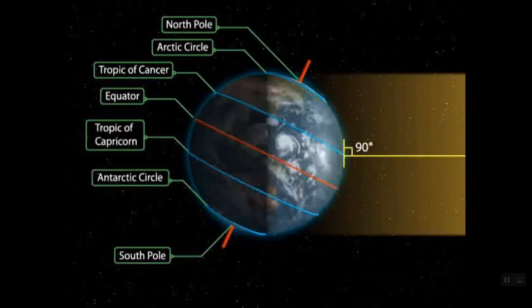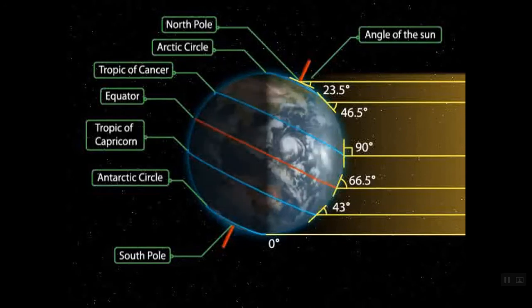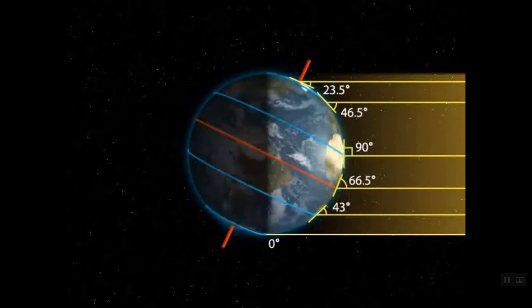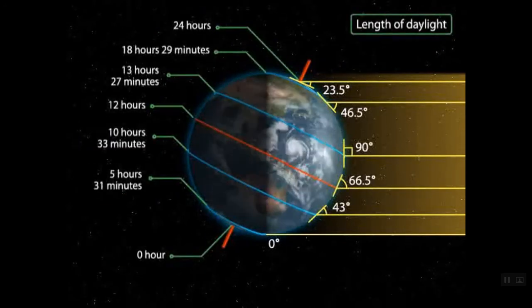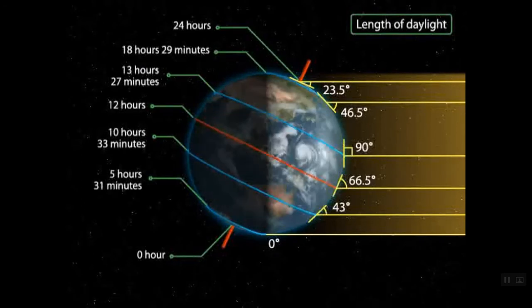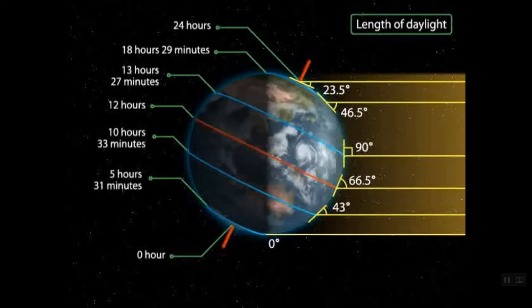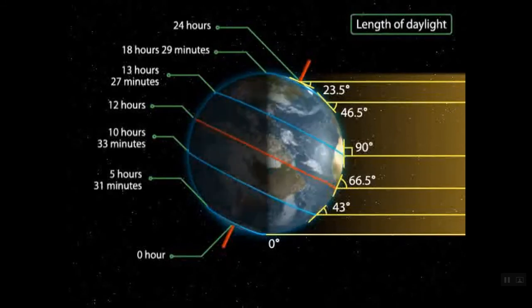The angle of the sun decreases towards the poles. On this day, the length of daytime of the northern hemisphere is the longest in the year, while that of the southern hemisphere is the shortest in the year.